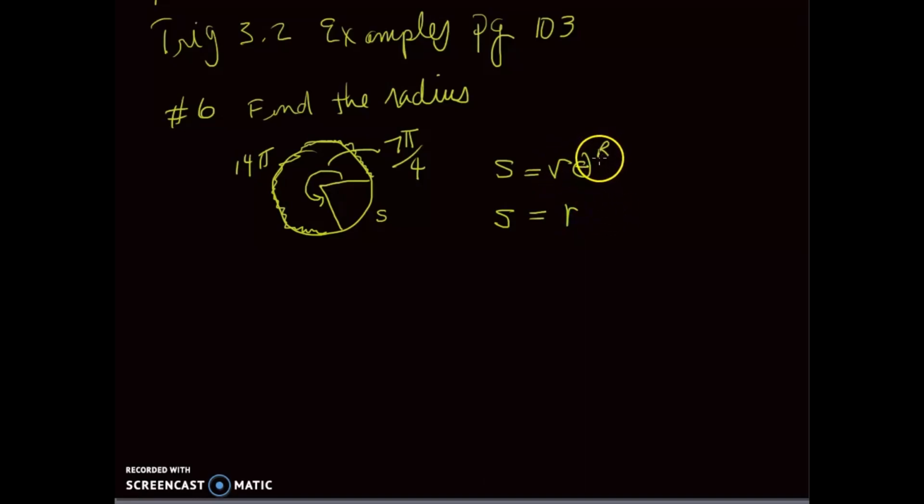The theta in radians is the 7 pi over 4. But if we're supposed to find the radius, how do we find out what S is? Well, if we go back to this, the circumference of the entire circle, 2 pi r, is 2 pi times r, which we don't know.